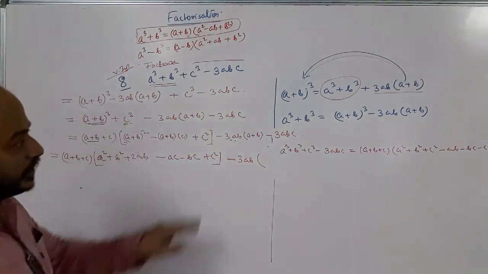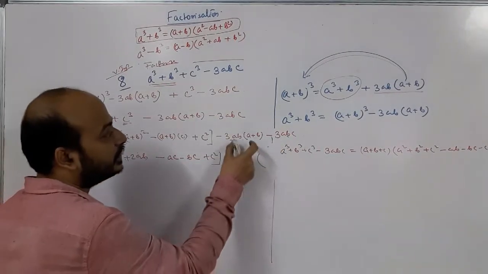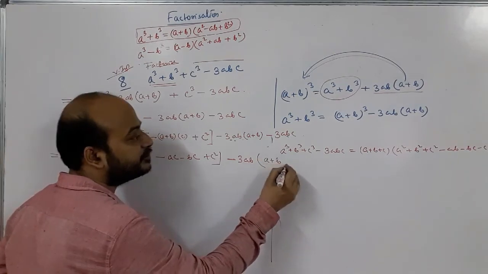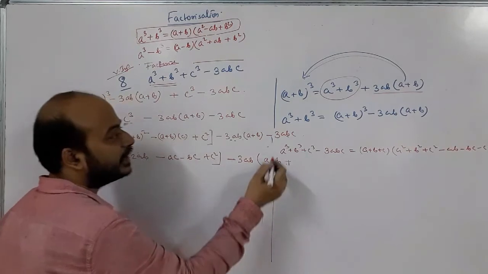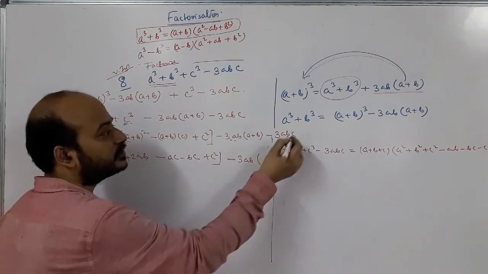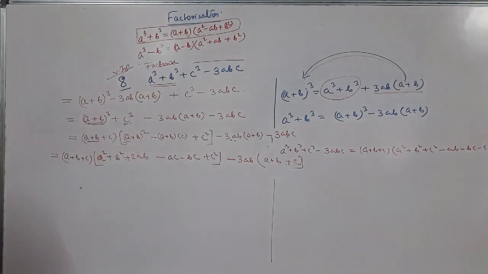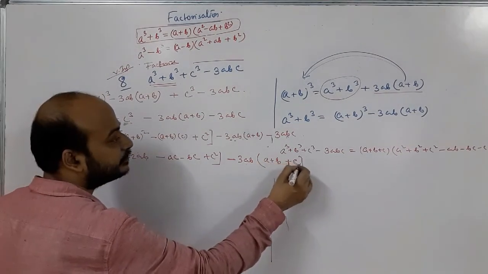If from this I take minus 3ab common, then here I am left with a plus b. Outside it is minus, so inside it will be plus, and out of 3ab, here it is c. So finally we get a plus b plus c.